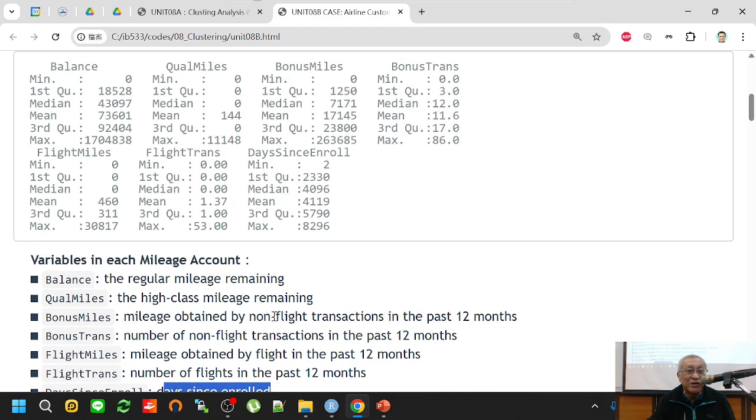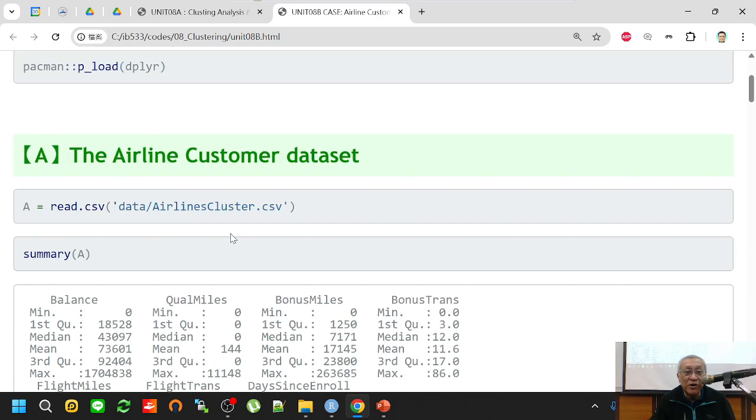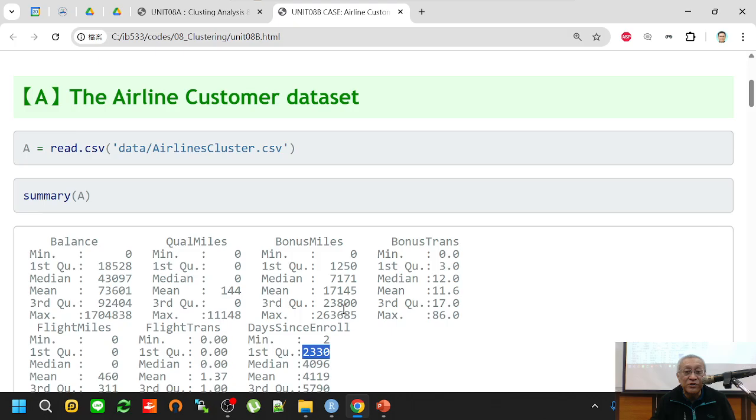If you take a look at the summary, you can see the first quarter, about... because we have a total of how many, 4,000, right?